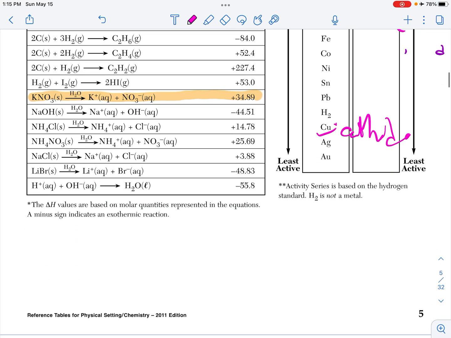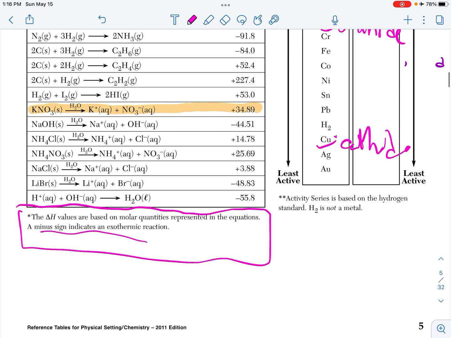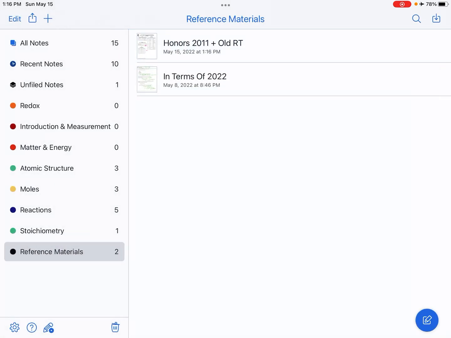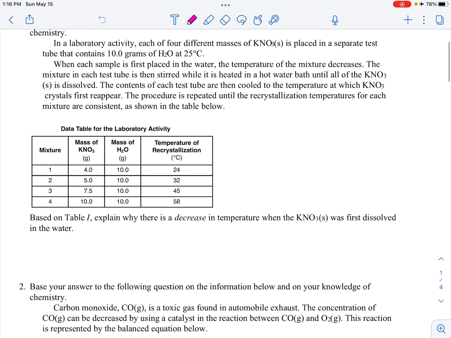What does that mean? It says the delta H values are based on molar quantities represented in the equation. Minus sign indicates exothermic. We don't have a minus sign. We have a positive sign, which means it's endothermic. And that should make sense to us because based on table I, there's a decrease in temperature.